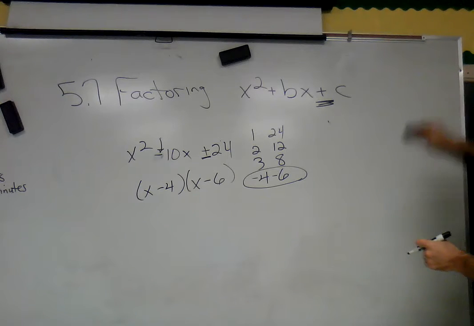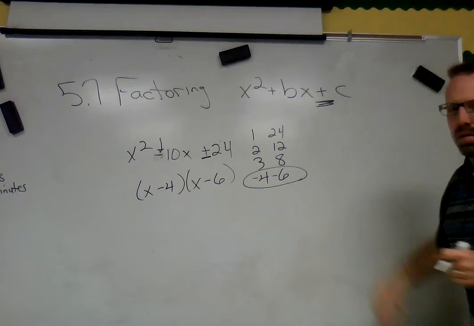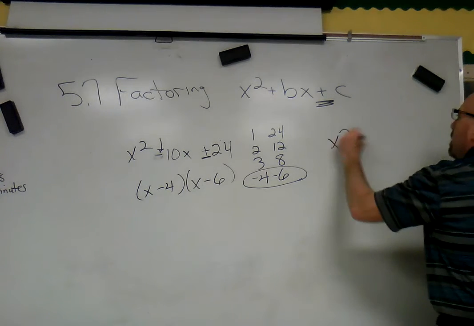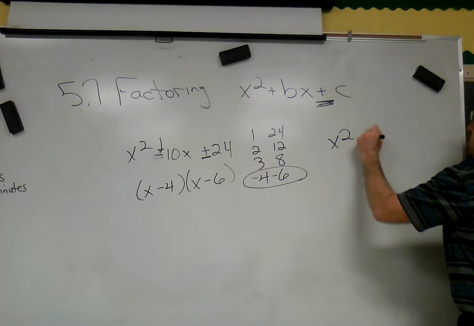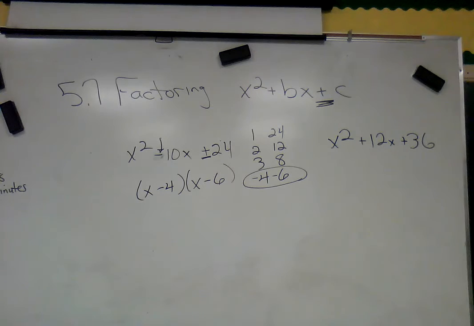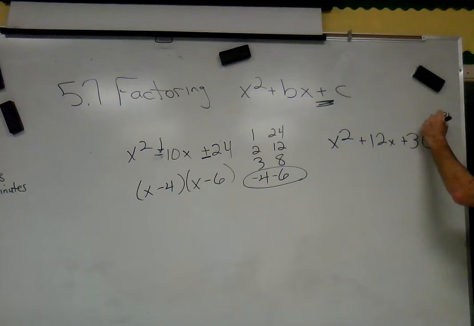Let's do one last one. All right. This one kind of goes back over to the other day, but if you don't see that pattern, that's fine. So we want factors of 36. I'm going to go through all of them just because I can.